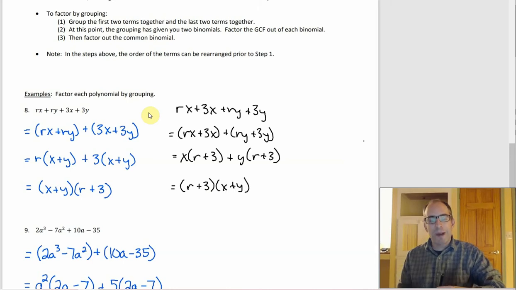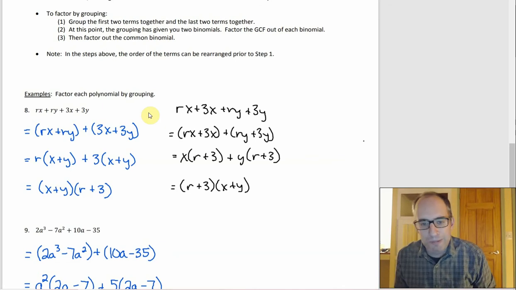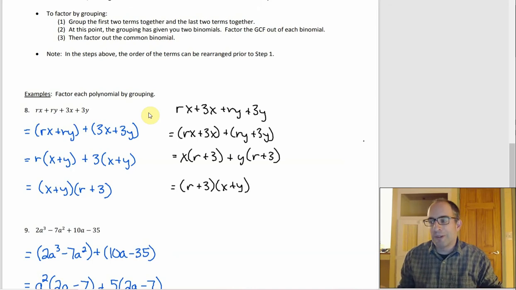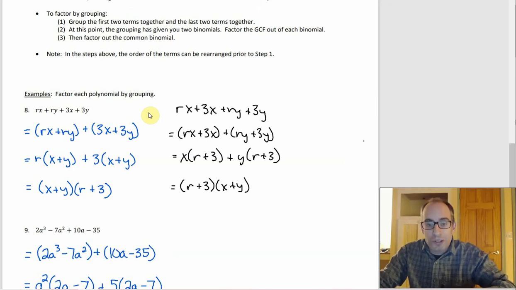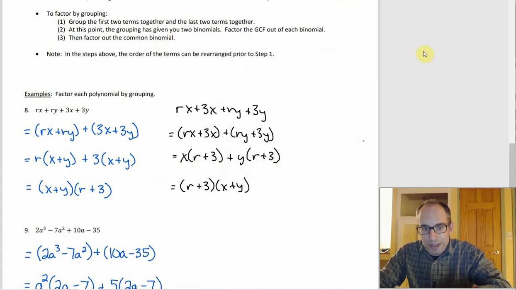And I guess these came out in the opposite order, but that doesn't really matter, right? I mean, it's multiplying, so you can multiply in the opposite order and get the same thing, right? 5 times 2 is 2 times 5, right? There would be an order that doesn't work, right? Like if you had, let's say, if I put the Rx and the 3y as the first two.